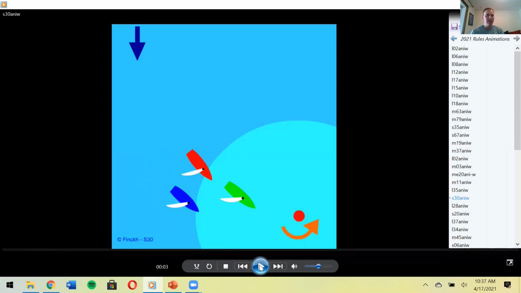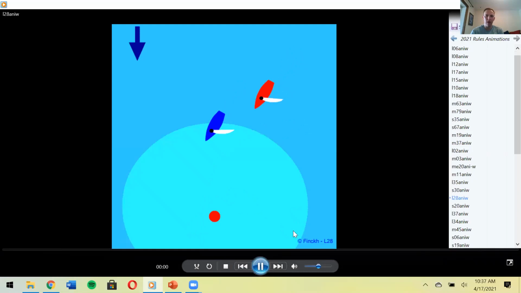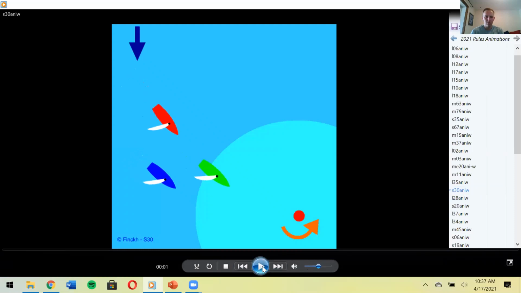So what needs to happen here, green is slowing down. Blue needs to sail away to give red room. So blue really needs to slow down and make sure that red has enough room to avoid green.